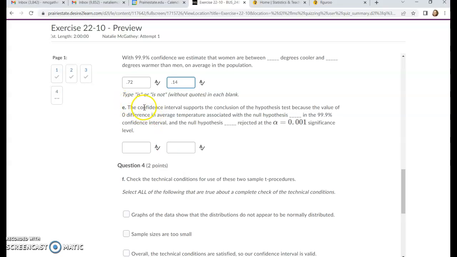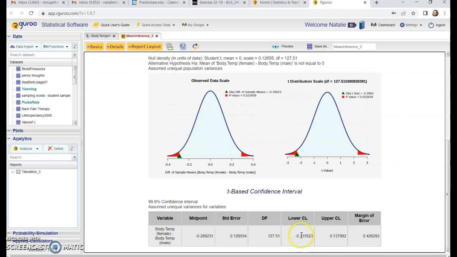Okay, the confidence interval supports the conclusion of the test hypothesis because the value of 0 difference in average temperature associated with the null hypothesis is in that confidence interval. So remember, looking at that confidence interval from negative 0.7 up to positive 0.14, 0 is in between there. If one endpoint is negative and the other endpoint is positive, then 0 lies in between.